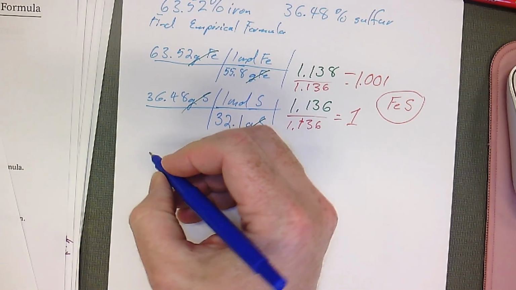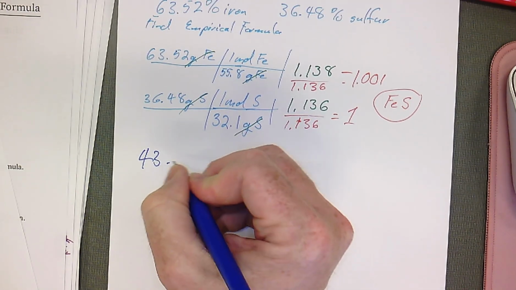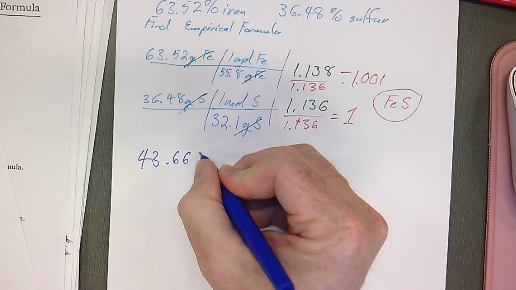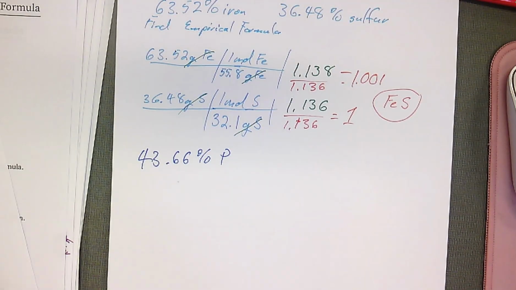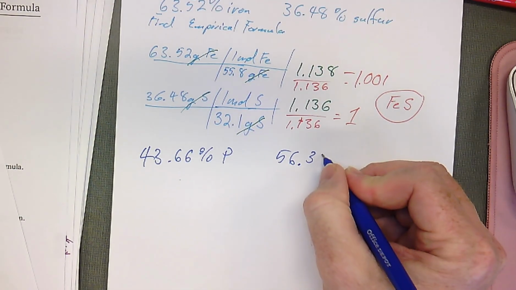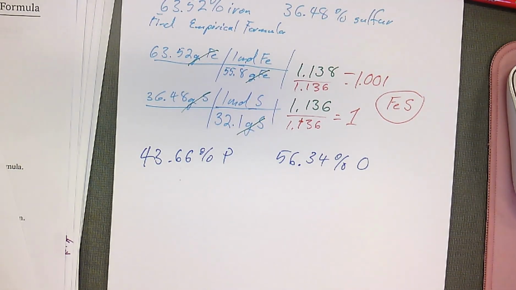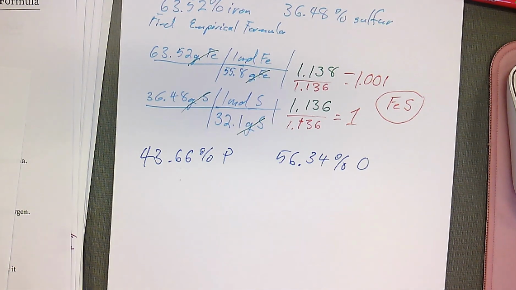So we're going to say 43.66% phosphorus and 56.34% oxygen. Okay, we're going to do another one, guys, real quick, or hopefully kind of quickish.